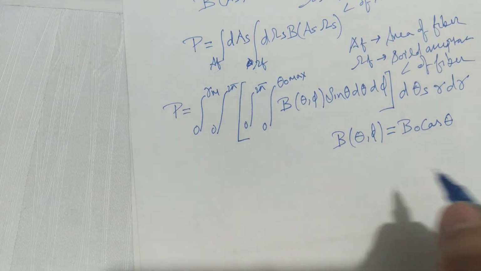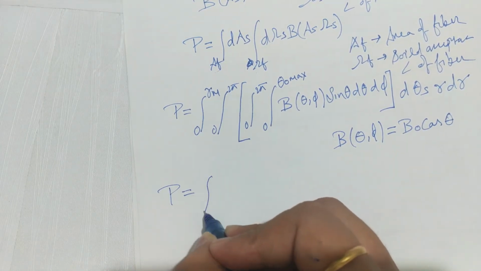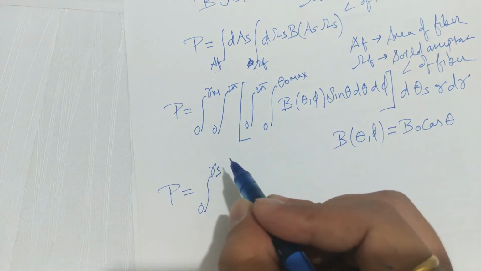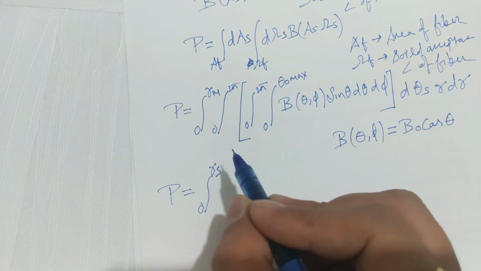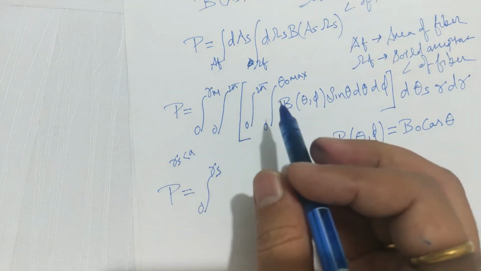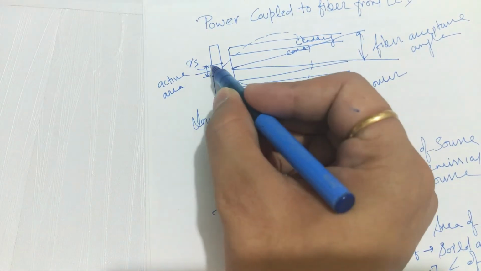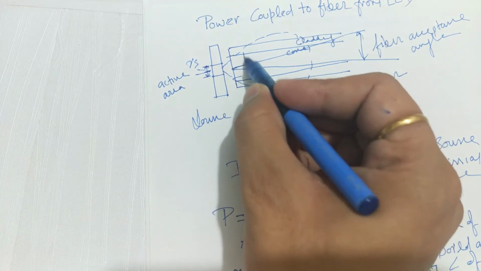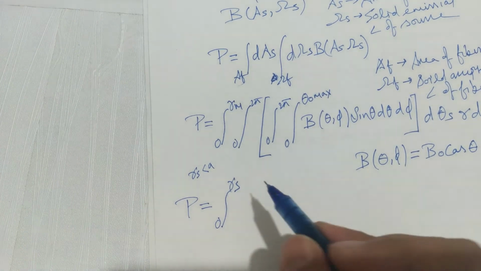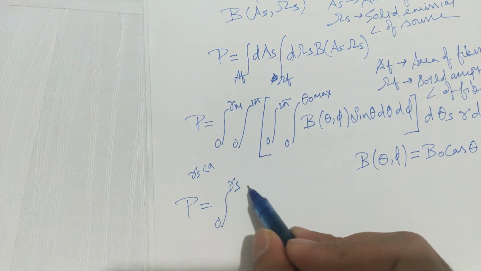So we can rewrite this equation with limits 0 to R_s. Why have we written R_s? Because the radius of the source is less than the radius of the core, A. So we can replace the radius by the smaller radius to limit it from 0 to R_s.